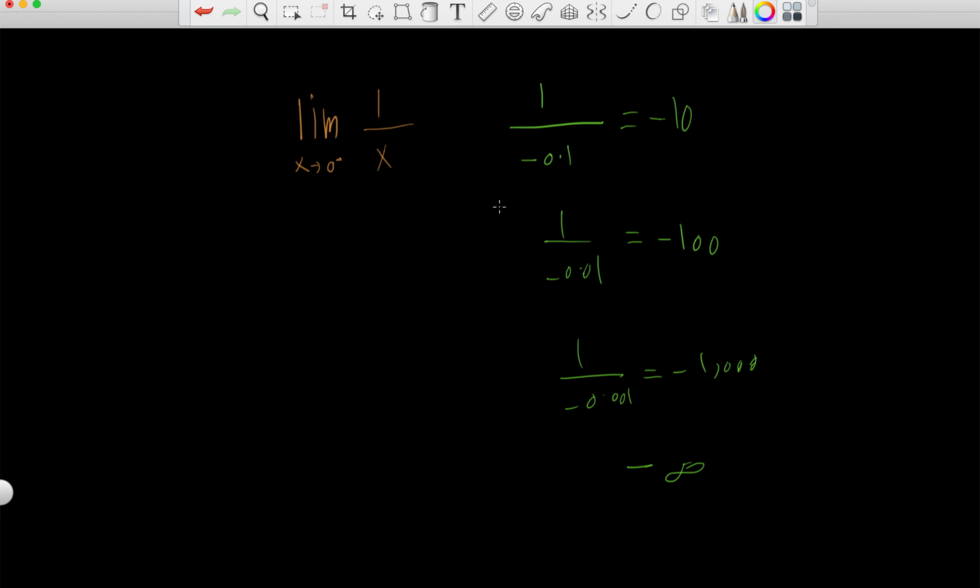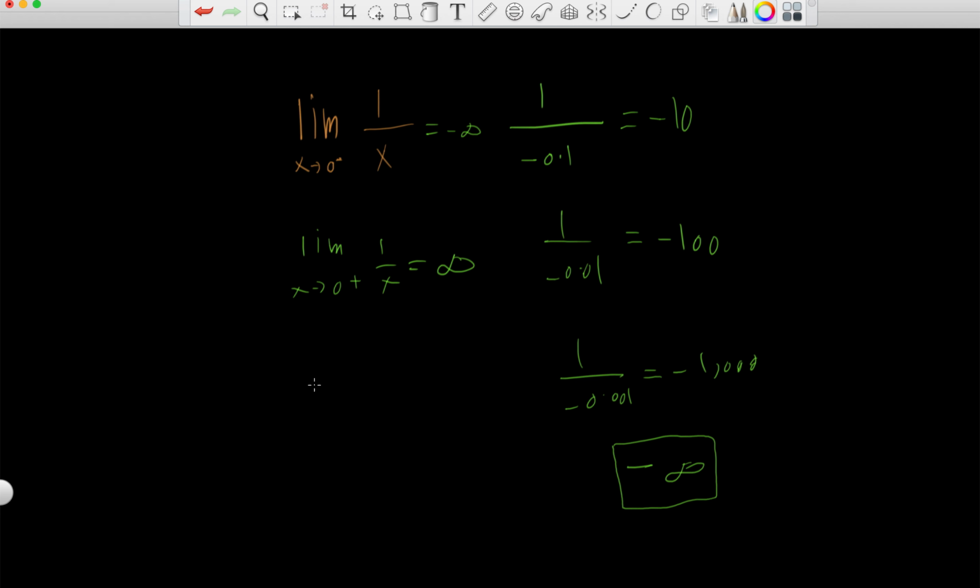And there's an important thing to understand here, that when we reached 0 from the left side, we reached negative infinity, which you can think of as the exact opposite of infinity. So the answer for this is negative infinity, but the answer for the limit as x goes to 0 from the right of 1 over x is infinity.